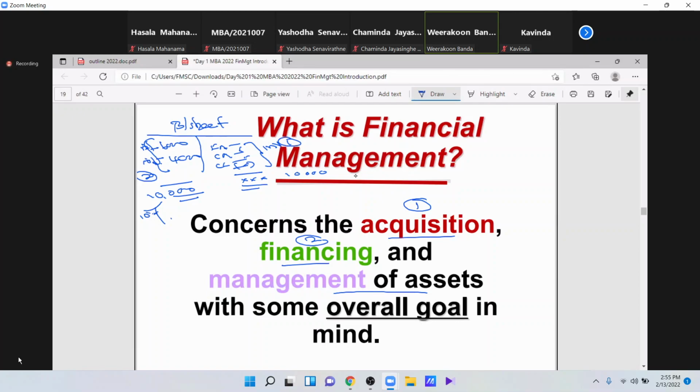Then ultimately, the third point is the management of assets with some overall goal in mind. So what should be the overall goal here? Ultimately, every time you must be able to increase the value: value of equity shareholders, value of debt providers.